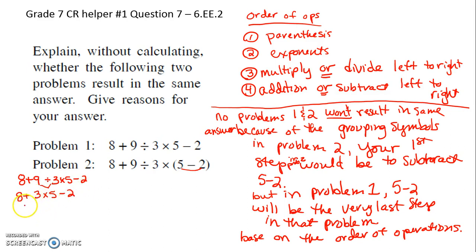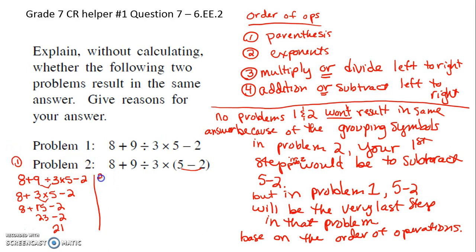Order of operations. I'm still working on multiplication and division left to right. So I have to multiply before I can add or subtract. So this becomes 8 plus 15 minus 2. Now I'm going to add or subtract left to right. 8 and 15 is 23, I think. Minus 2 would be 21. So that would be problem 1.